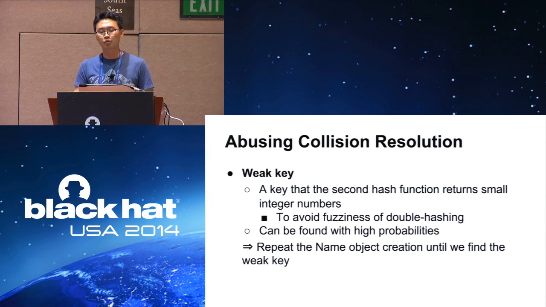That's why we try to find the weak key, which returns small integer numbers. We haven't proved this mathematically, but this key can be found with high probability. If you try like 1,000 times, you can always find it. So what we did is repeatedly create name objects again and again until we find the weak key.